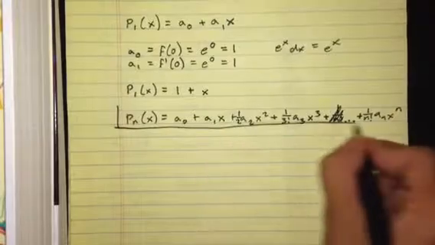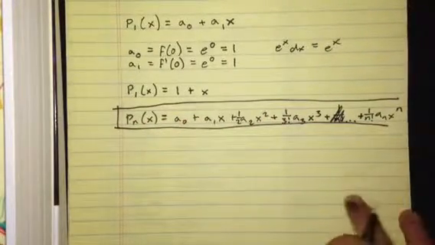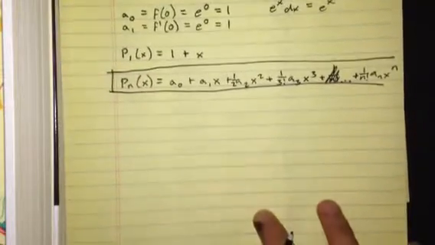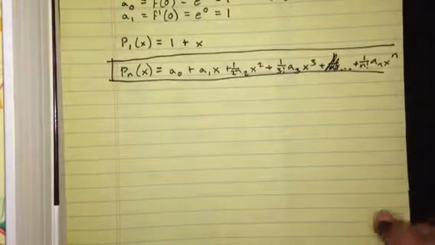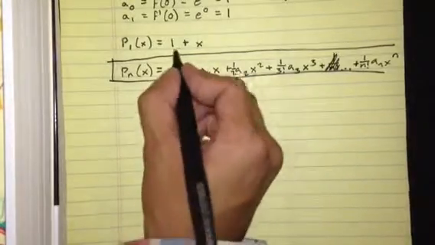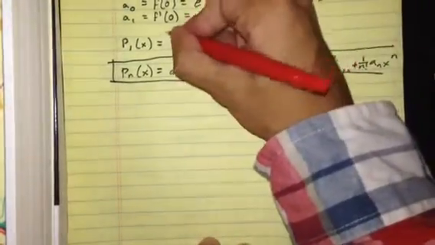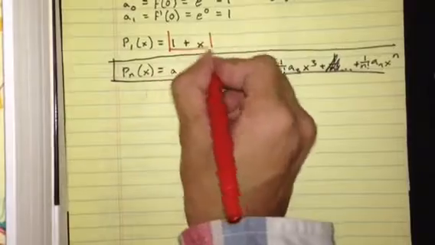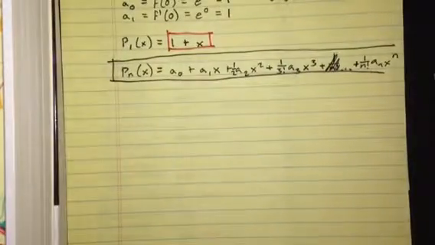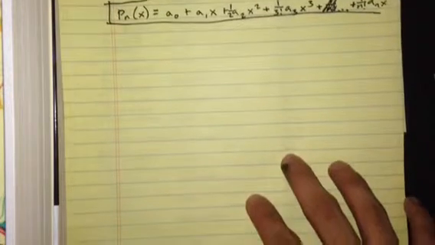Truly, this is how you find a Taylor polynomial to any degree. It's just plug and play depending on which degree of the polynomial you'd like. And now see, up here we found the first degree polynomial, and as you could see, it's just a line, 1 plus x.